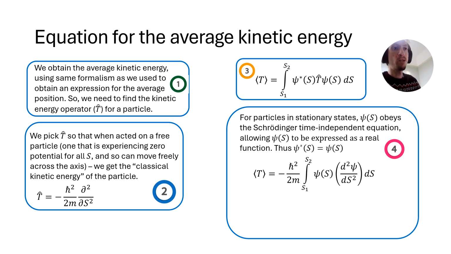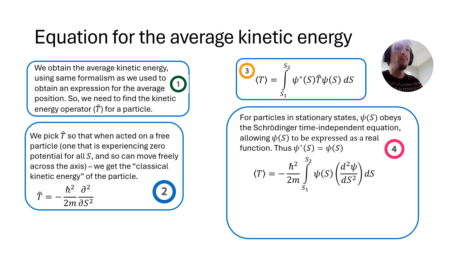And so to simplify matters, I'm going to drop the complex conjugate notation in our first psi term, bringing us to this. Now, in our integrand, I've replaced the partial derivatives of the kinetic energy operator with ordinary derivatives, because the kinetic energy operator is acting on a wave function entirely given in terms of s.